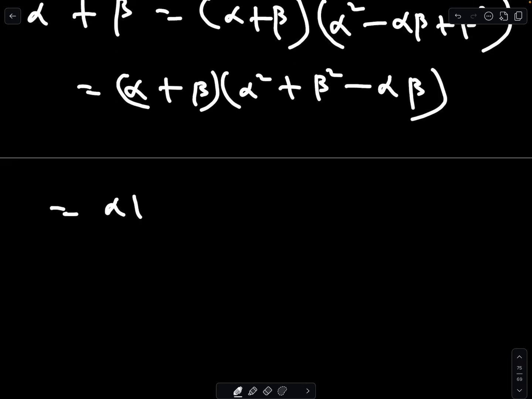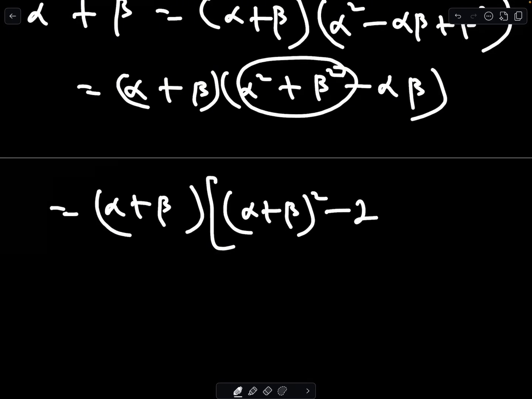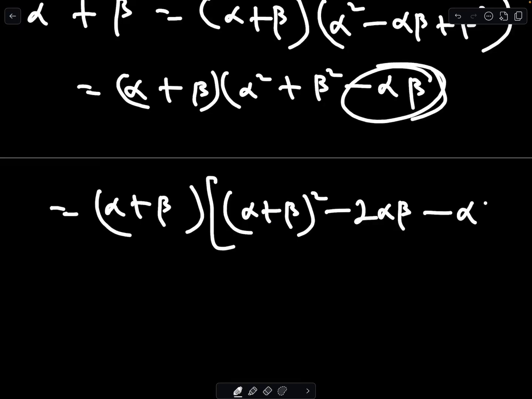And what does that mean? Alpha plus beta times, I know that alpha square plus beta square is alpha plus beta all square minus 2 alpha beta. So I'm going to write that as alpha plus beta all square minus 2 alpha beta, and I'll put the minus alpha beta.